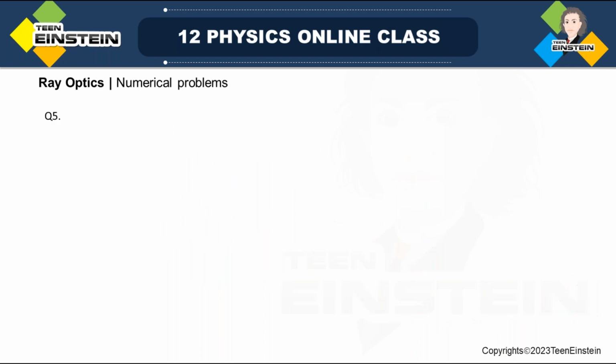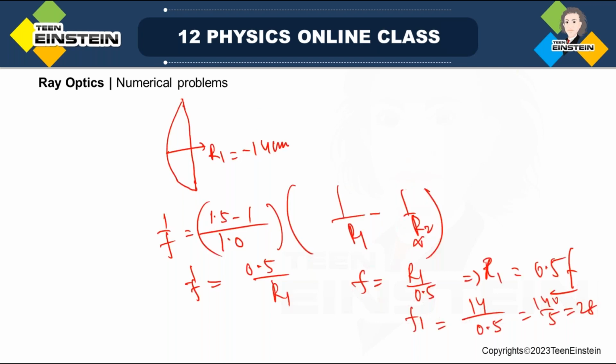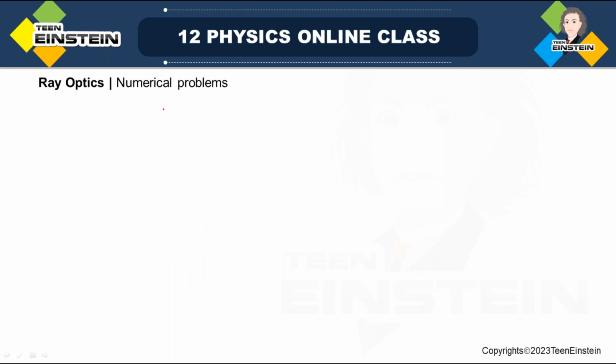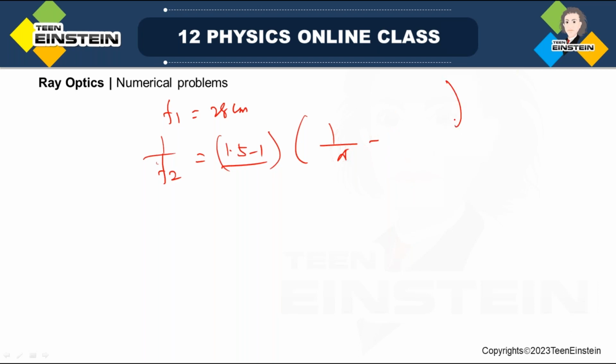So one is 28. Similarly, for the other one also, we can find out. See what we have got. We have got F1, say 28 centimeter. Similarly, we can find out 1 over F2 is equal to 1.5 minus 1, times 1 over infinity minus minus of this one.